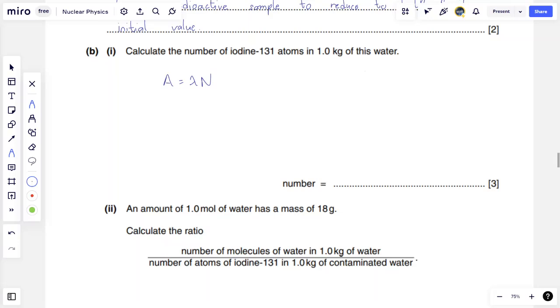But I also remember another relation. Since I don't know the decay constant, I need to replace the decay constant with something that I do know.